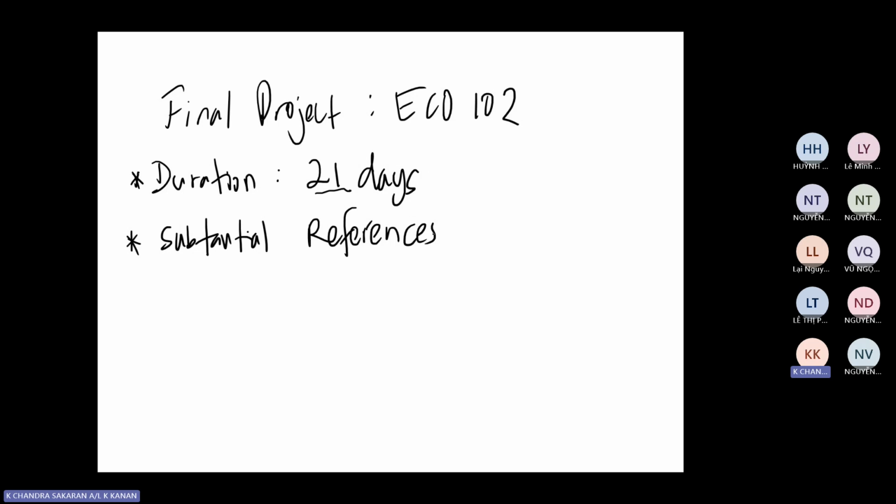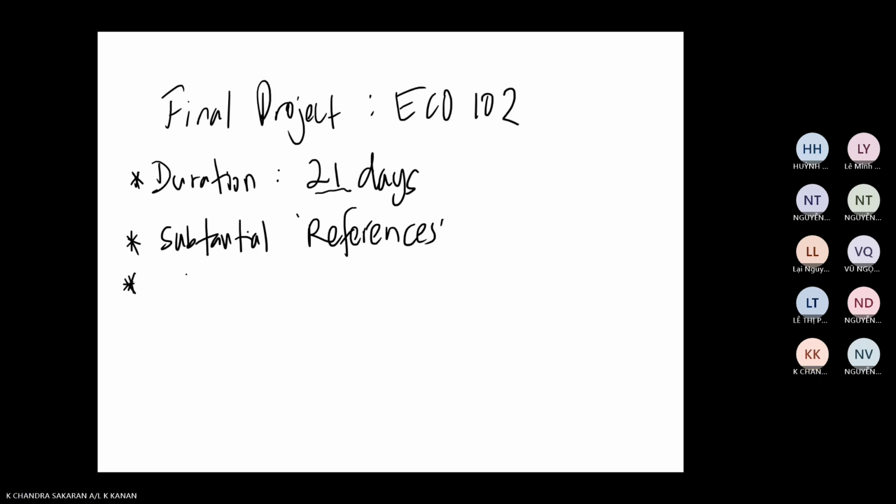You can read many reports, articles, journal articles, economic reports, whatever, to do your project. Then your project will be quite comprehensive. If you use only one or two references, it's not good.